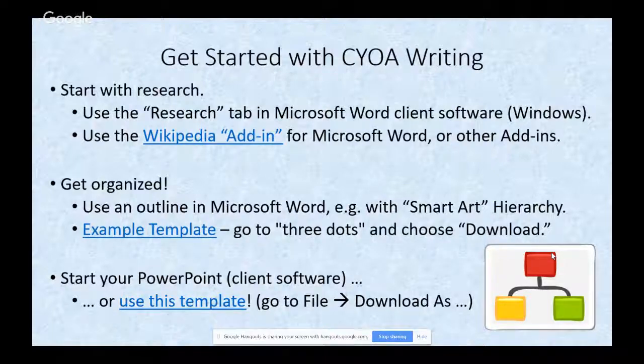Also, regardless of what version you're in, whether you're working on a Mac, PC, or in your Office 365 online, there are some add-ins that you can use for research as well. So we'll take a look at that. For example, the Wikipedia add-in. As you're working on, for example, an outline for your story, you can do some quick research on the side through what's called a Wikipedia add-in.